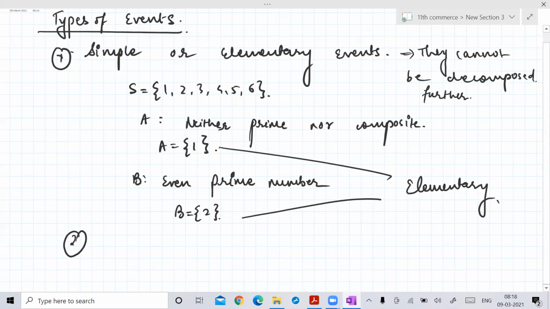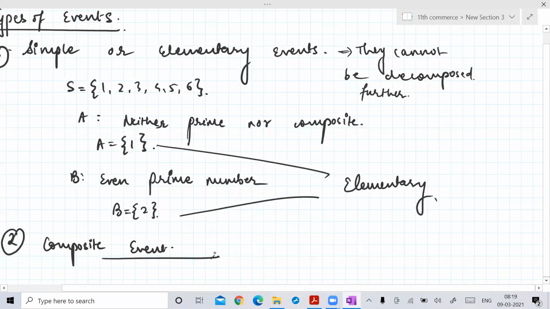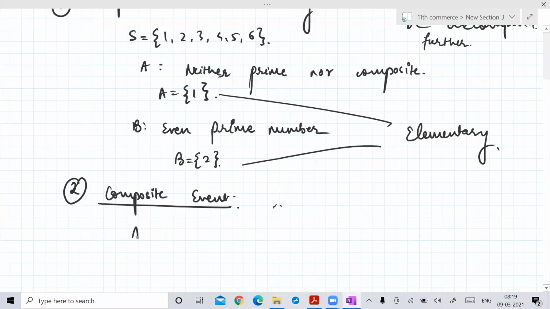Second is the composite event. Suppose I ask you to find the even numbers for the same sample space.